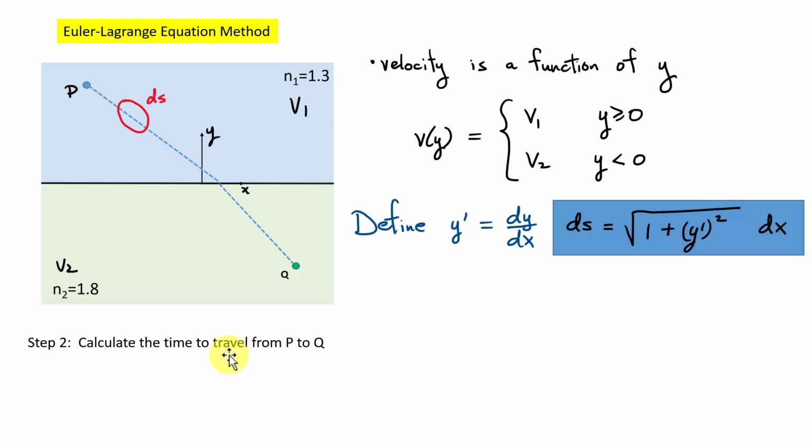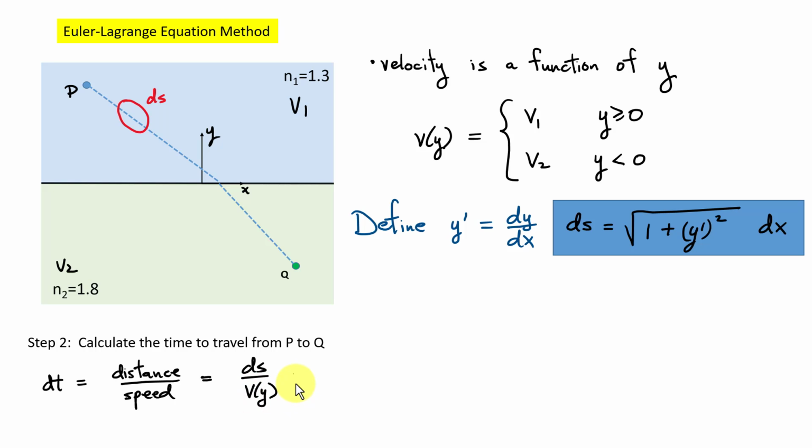The next step, step 2, is to calculate the time to travel from point P all the way to point Q down here. Remember that the time is simply the distance divided by the speed. So if I consider the amount of time it takes to travel one small segment over here, you can simply write that as ds, that's the distance, divided by the speed, and I'll write it as v being a function of y here.